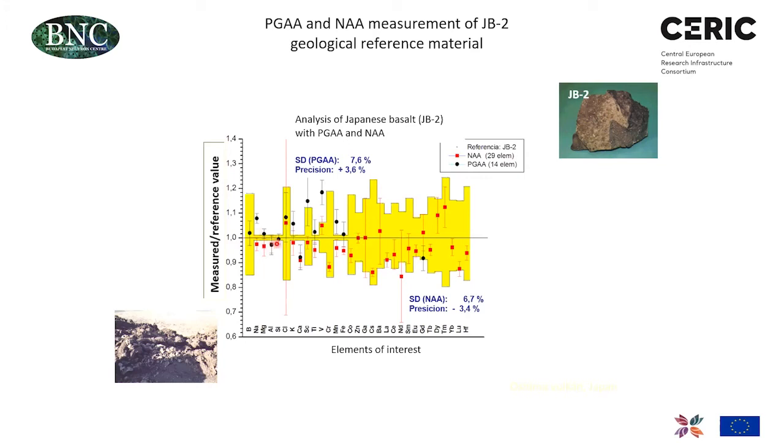And this yellow highlight shows the confidence band. And you see that in certain cases there is an overlap in element analysis capability, but instrumental neutron activation analysis can measure many more trace elements than PGAA can do. While there are elements like silicon or boron or hydrogen, which can only be measured by prompt gamma activation analysis.